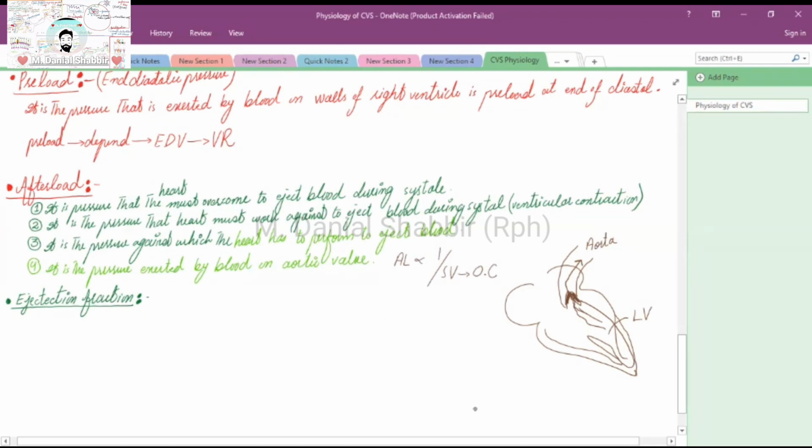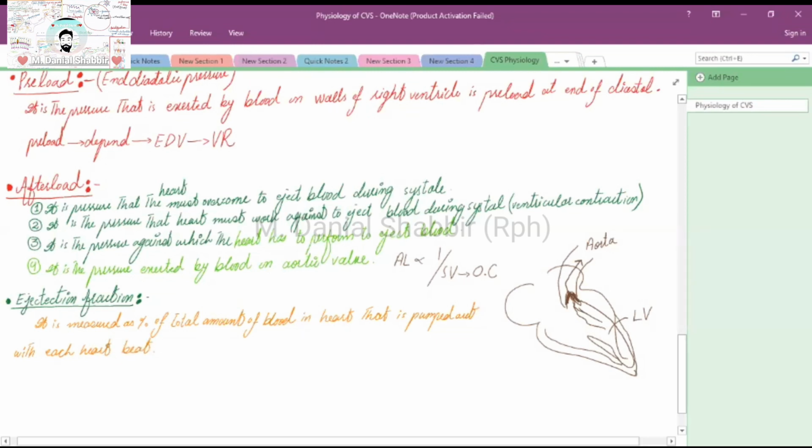So next is the ejection fraction. It is measured as percentage of total amount of blood in the heart that is pumped out with each heartbeat.